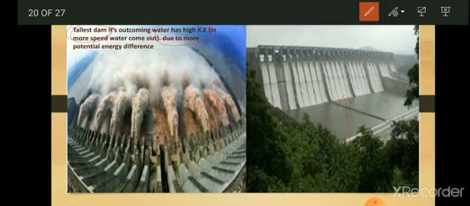Means speed of water is also more and amount of water is also more. Why? Due to the potential energy difference. Here potential energy difference is less, therefore the flow of water is less, kinetic energy of water is less.